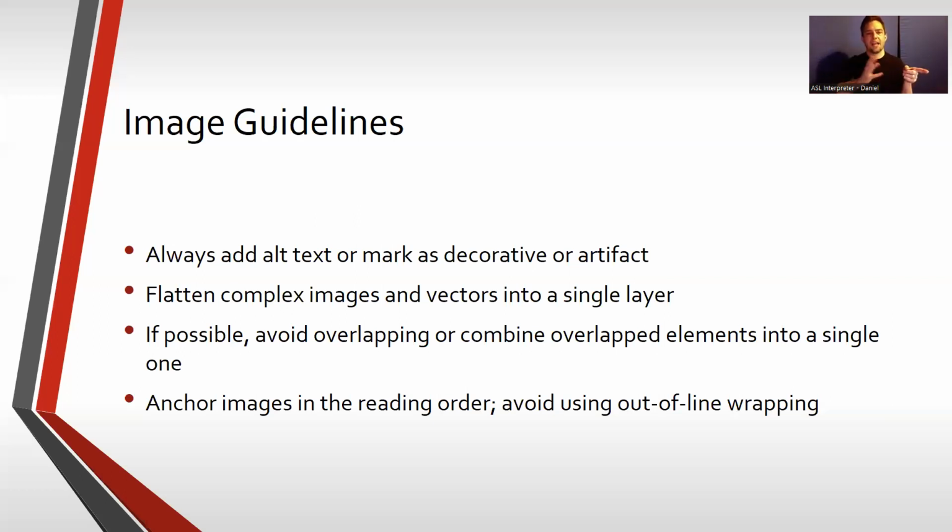One thing that has been really useful when you're working with Illustrator and in InDesign is flattening complex images or vectors into a single layer. That makes these different parts into a single image when you're moving into Acrobat Pro, so that when you go to tag it, you can tag it as just a single image.